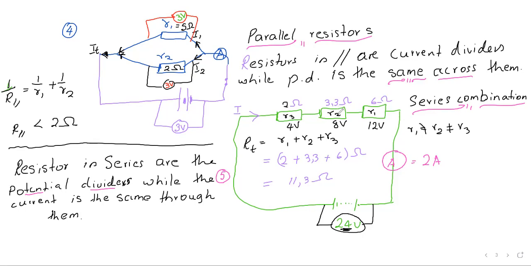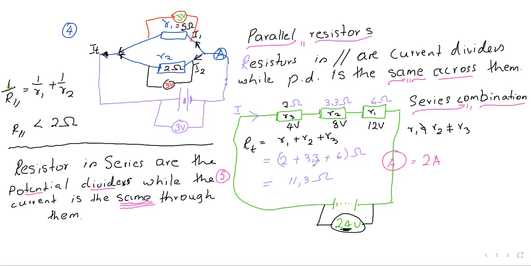We will have 2 amps passing here. We will have 2 amps passing there. Current is the same through those resistors. That's what we will have.